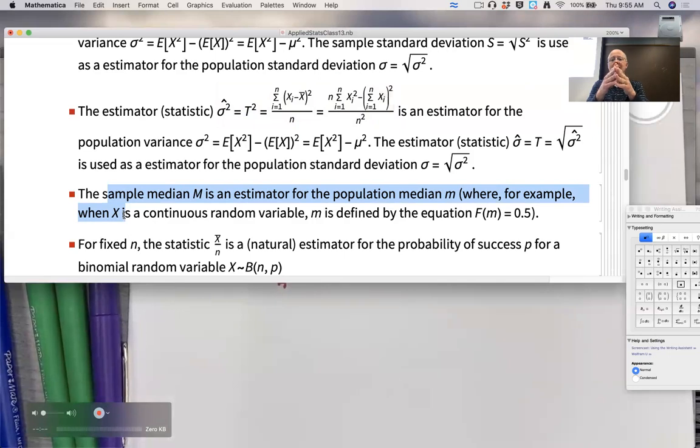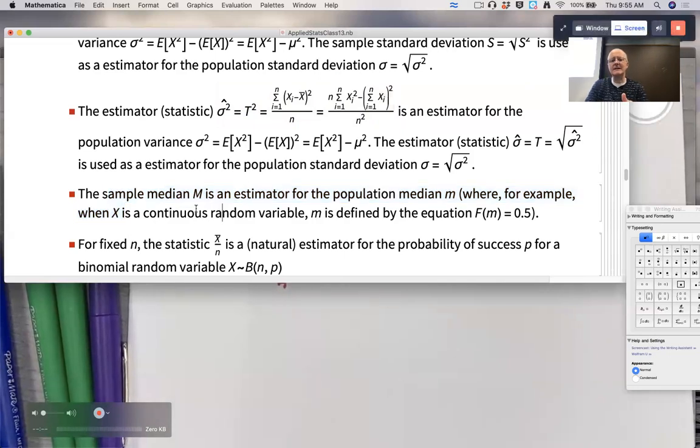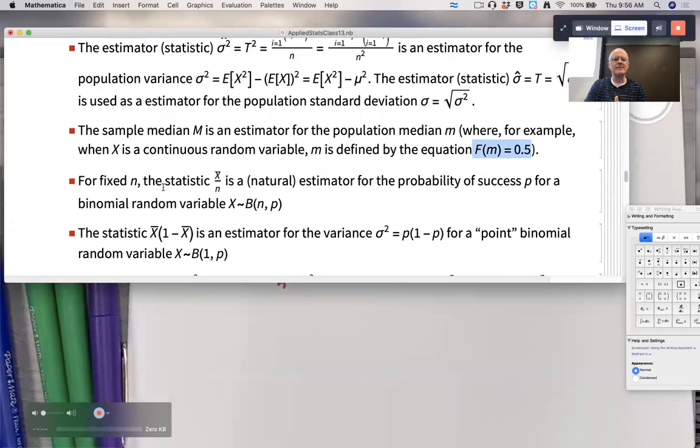A population median, at least in the continuous case, is just a number defined by that equation, which may or may not be easily computable, where that capital F is the CDF. Does it make sense? You have thought about these things before. This has come up in homework before.